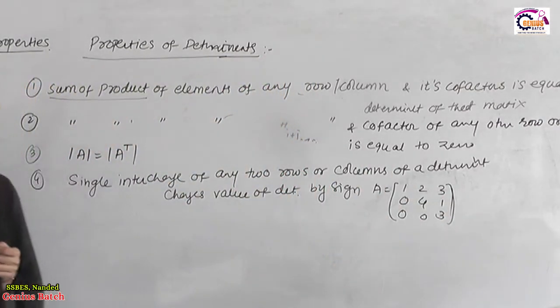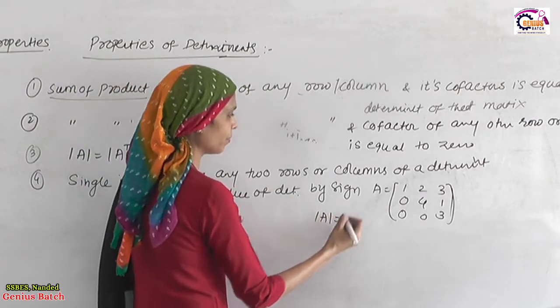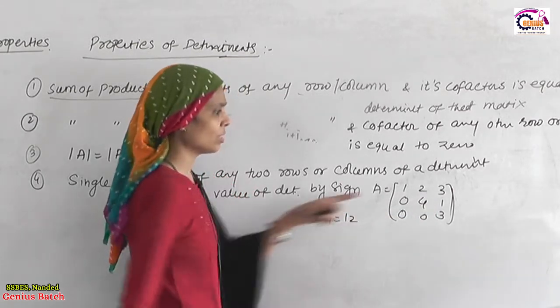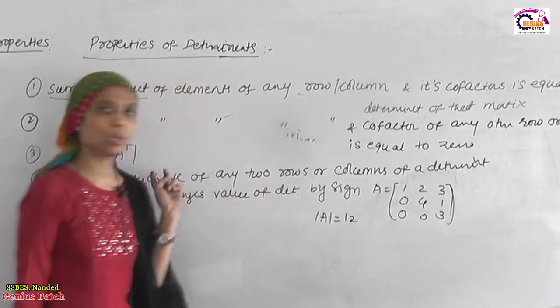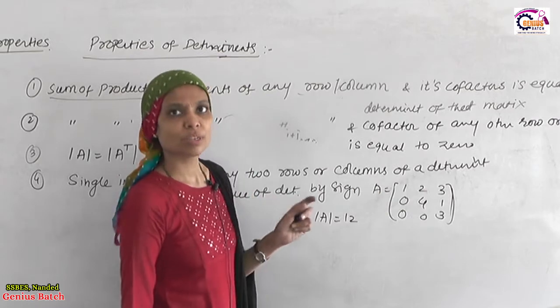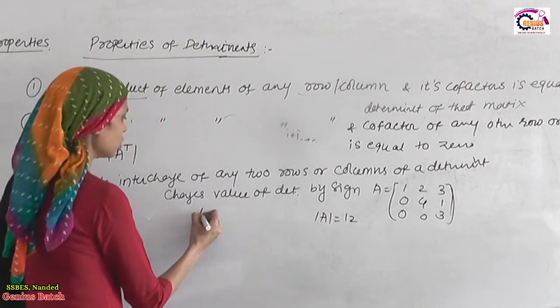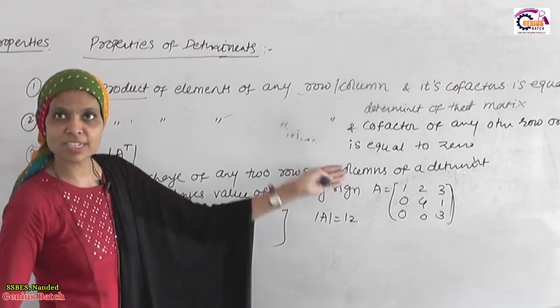Okay, so see, what will determinant A be here: 1 into 12 minus 0, that is 12, 2 into 0 minus 0, 3 into 0 minus 0. So determinant of A is 12. Now if I exchange first and second row, I write the second row in the place of the first row and the first row in the place of the second. So what will the new matrix be? Suppose B is the new matrix by exchanging first and second row.